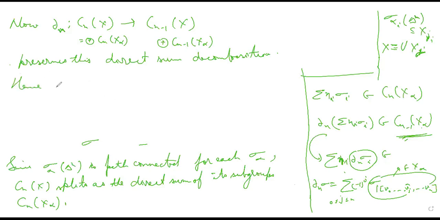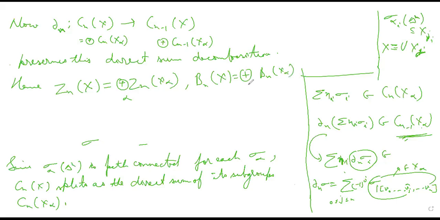Hence this ZnX also splits into ZnX alpha, and BnX equals the direct sum of BnX alpha.